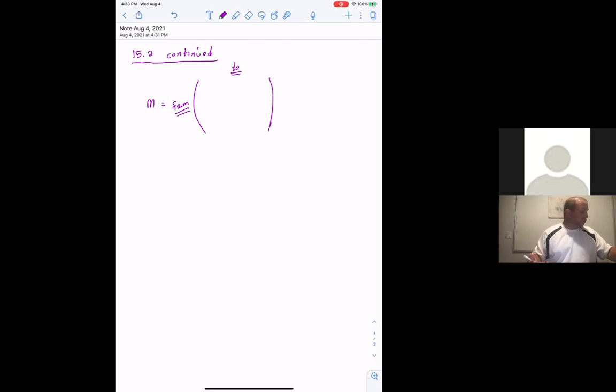From A to B, it'll be the row representing A and the column that represents B. And we saw that if you raise M to a power, the quantities in the matrix represent how to get from this vertex to that vertex in the power number of steps. So M squared in 2 steps, M cubed in 3 steps, M to the 4th in 4 steps, and so on.